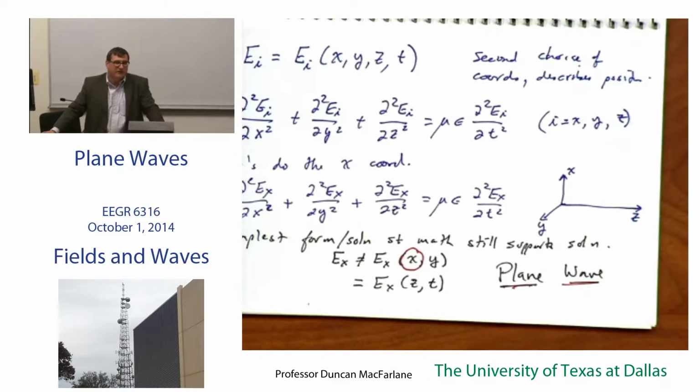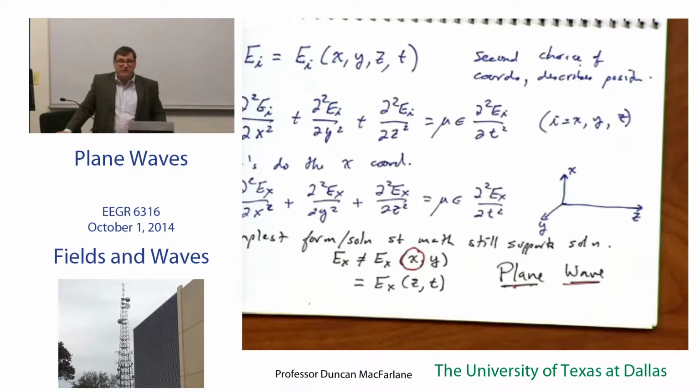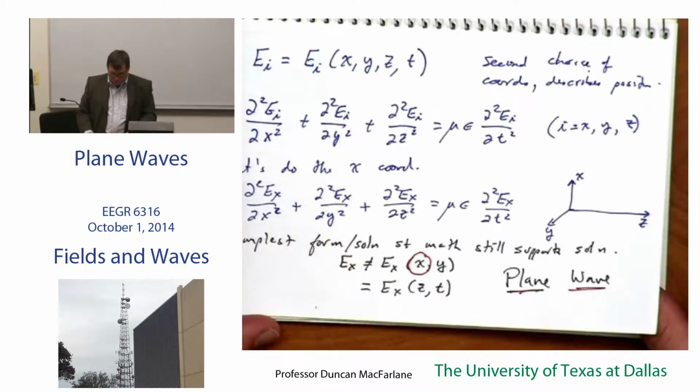It doesn't really exist. But it may be that over a small enough aperture, it's a perfectly good approximation. Or you might be able to set up a very special situation where you have a plane wave over a small set of z's. And maybe we'll talk a little bit about that as we go down the pike here.